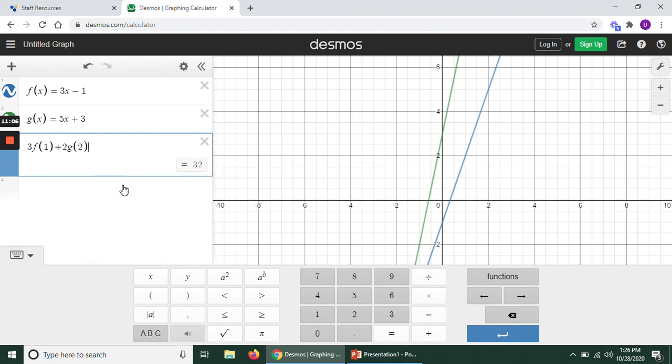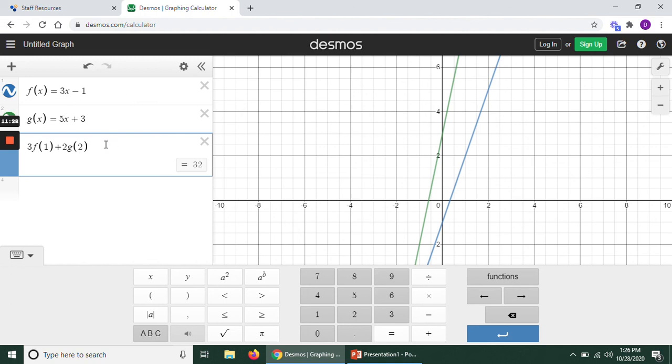Now I want to make it clear. Notice what I did. I entered each function in a different row. Very important. Enter each function in a different row.